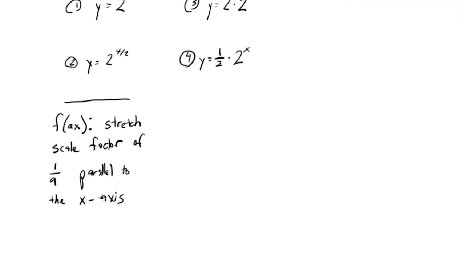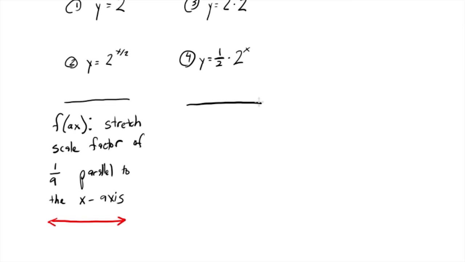So what does this mean? We will be seeing a stretch of the original graph in this direction, stretching towards the left and towards the right. So we will see that the x distance will be affected while the y distance will stay the same.